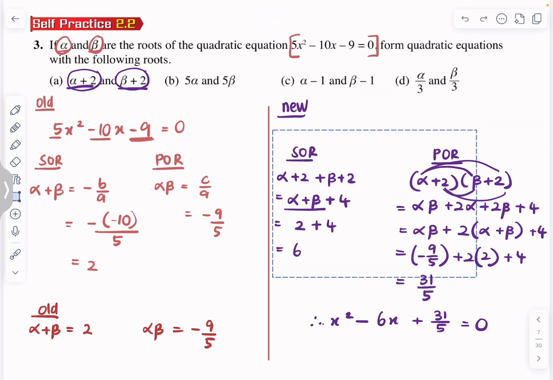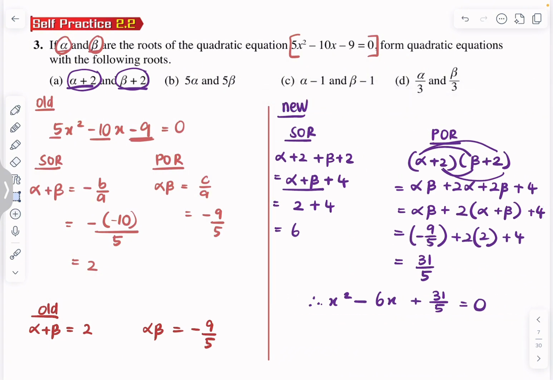Okay, so to make the denominator same, so this is not conclusion yet, we times the whole thing by 5. So we get 5x squared minus 30x plus 31 equals to 0. So this will be our final answer.